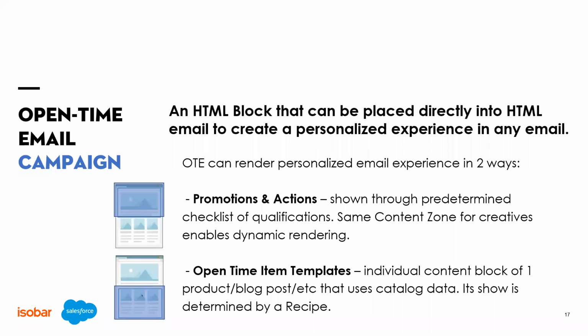This open time email can render a personalized email experience in 2 ways. As you see, it could be promotions and actions. So basically some sort of banner that could be shown through a predetermined checklist of qualification, and the same content zones.